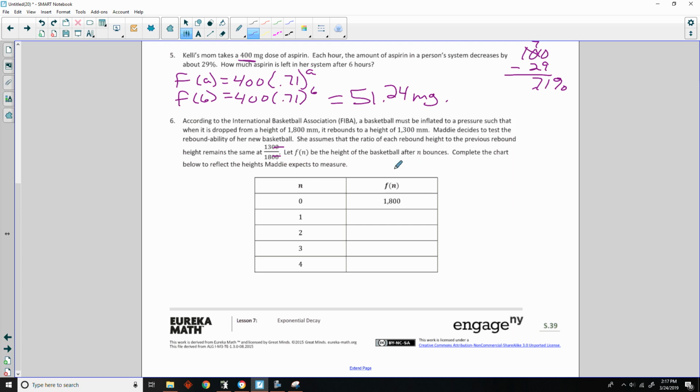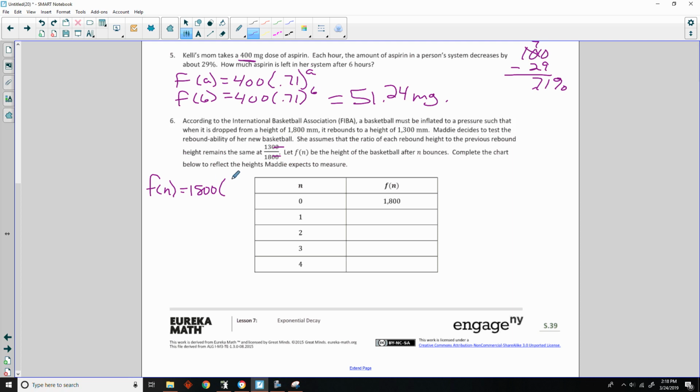Okay, so f of n is the height of the basketball. So f of n is going to equal our initial height of 1,800 times 13/18, since it rebounds at a height of 1,300 millimeters from the height of 1,800, a decrease of 500 millimeters.